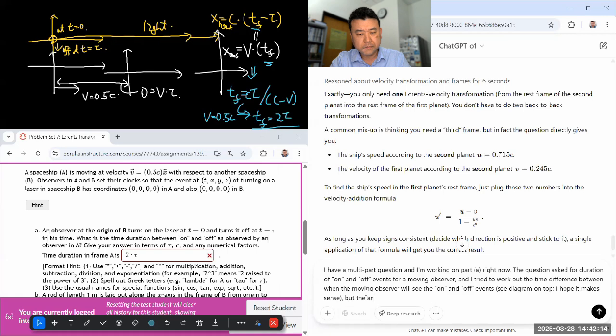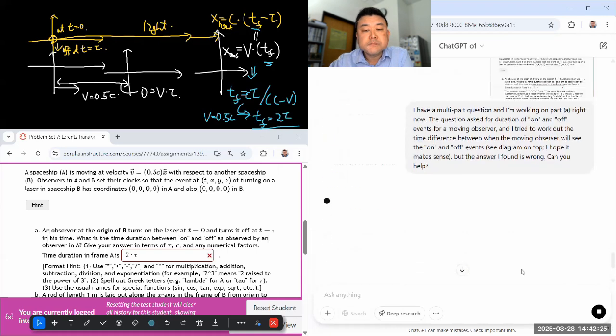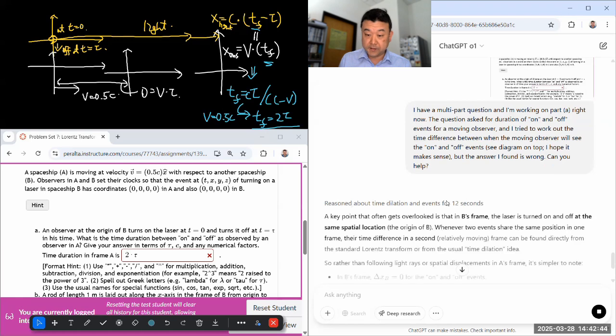But the answer I found is wrong. Can you help? It might just start giving me the time dilation formula, which might be nothing, because it's a different answer that you can try.